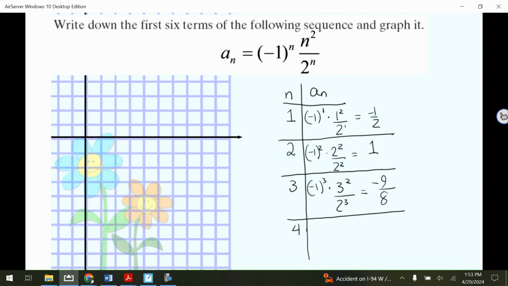Keep going. For n equals 4, -1 to the 4th power times 4 squared over 2 to the 4th. Well, holy guacamole here. 2 to the 4th and 4 squared is the same number. They're both 16. It's kind of a fun little thing with 4s and 2s. So all I get here is 1.